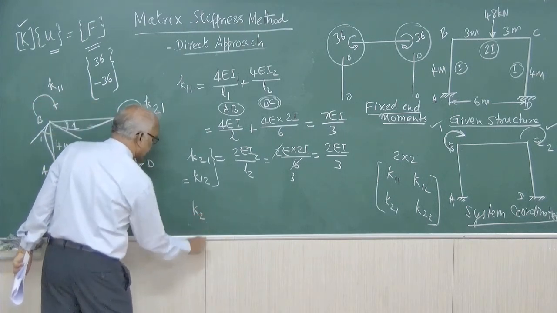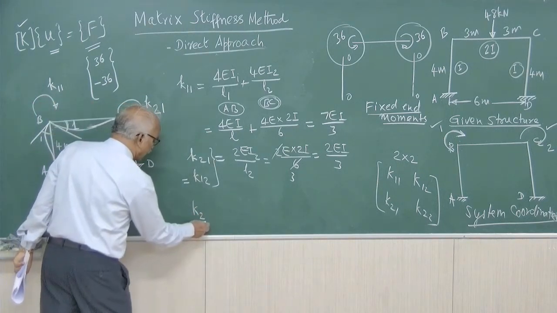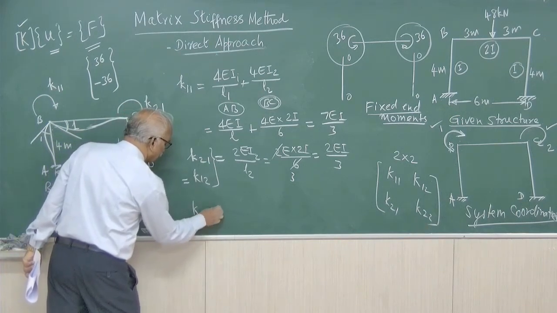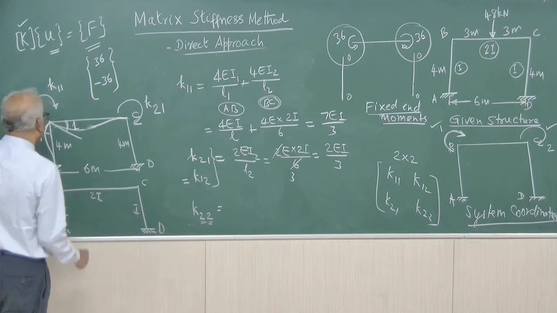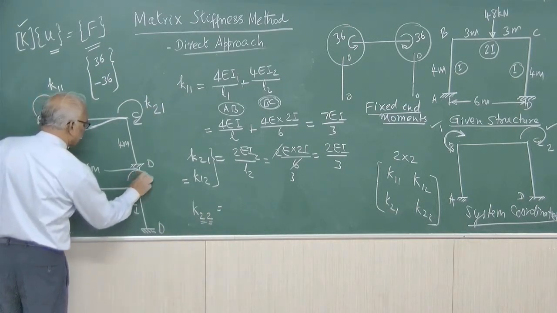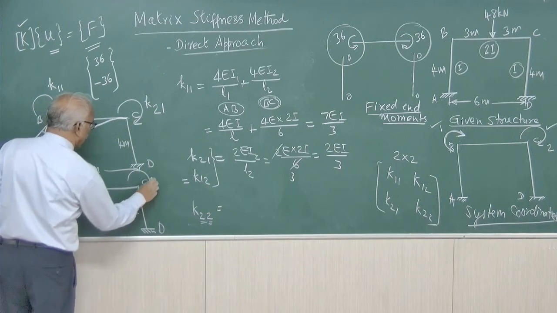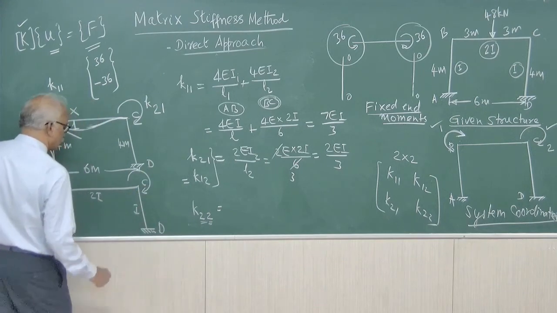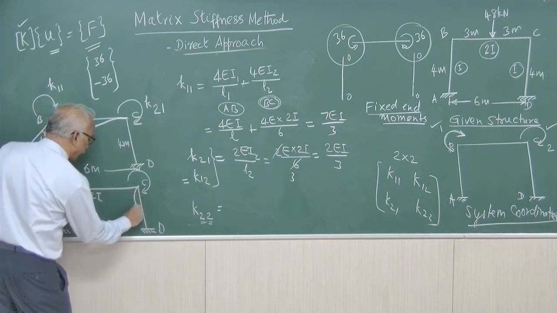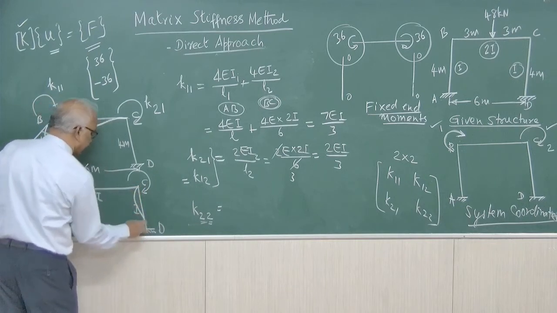K22 is the force at coordinate 2 due to unit displacement at coordinate 2. Forget about this; apply unit displacement along coordinate 2 only. So this joint will undergo a clockwise rotation of unity and this will be straight.